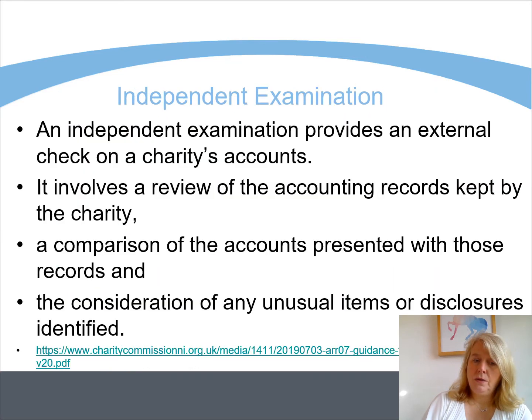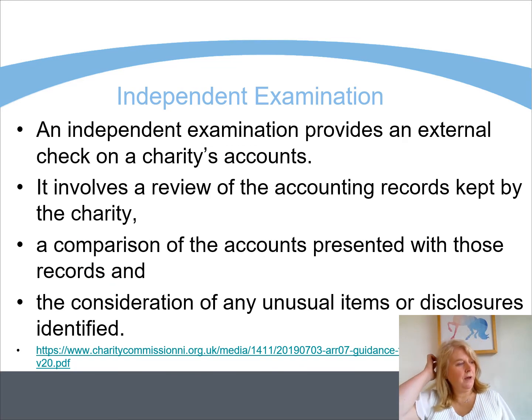Those are some links to where you can get help. So you have your annual report, which outlines the public benefit that flows from your charitable objects. You have your set of accounts, and then you give these two things together with all of your financial records to someone, and that person's job is to have a look at the accounts and look at the records and make sure that your accounts are a good and accurate description of your financial records.